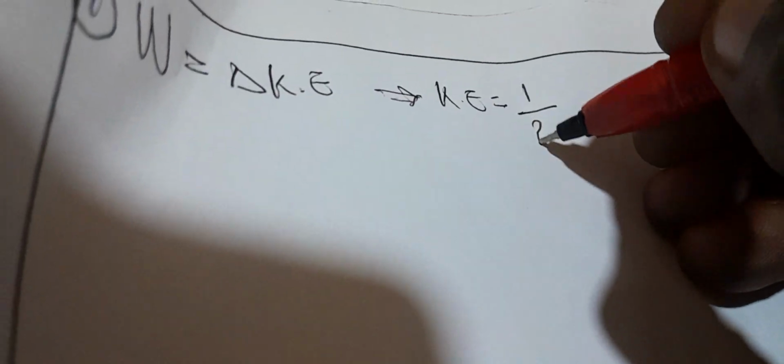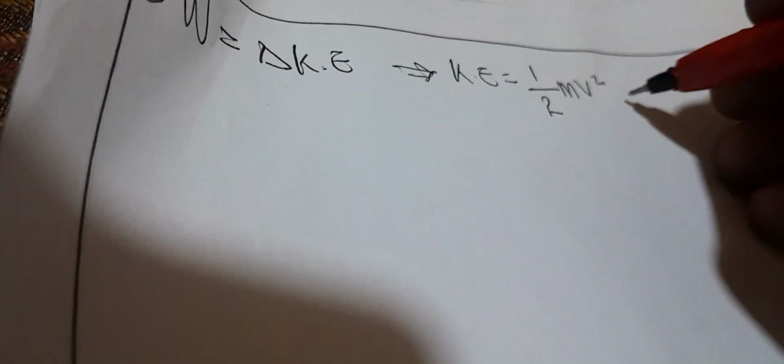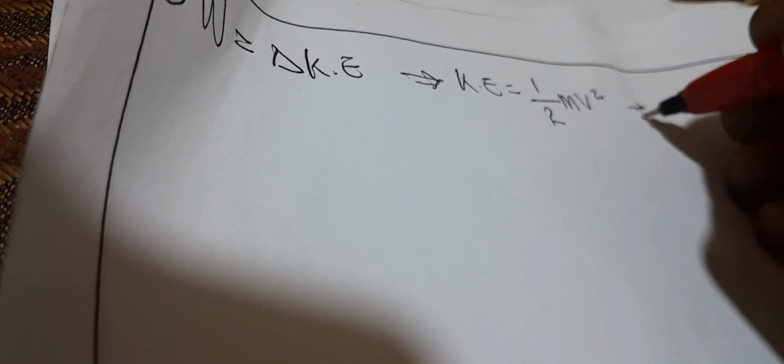ΔKE is the change in kinetic energy, and we all know that kinetic energy equals 1 over 2 mv squared, and then we know that v is actually change in distance over time.